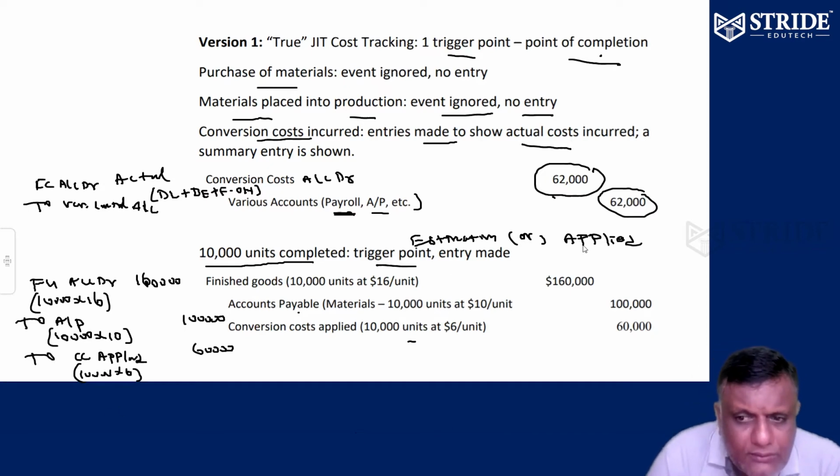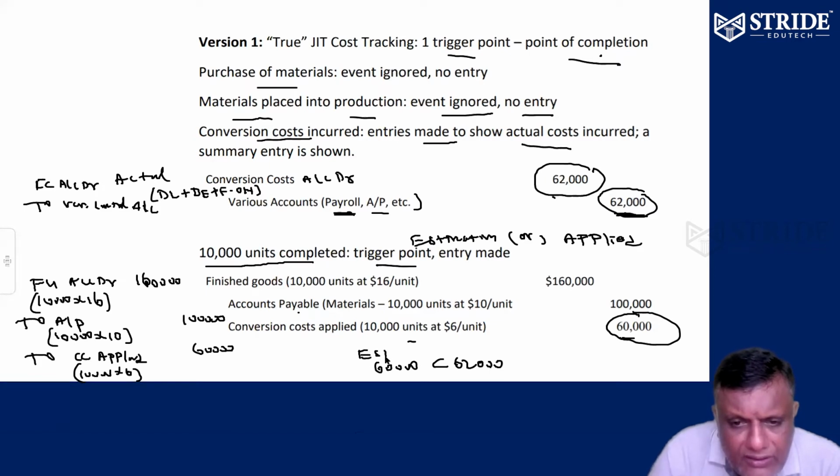So this is actual and this is applied. Actual conversion cost versus applied conversion cost: it is under applied. Please check: 60,000 is less than 62,000.